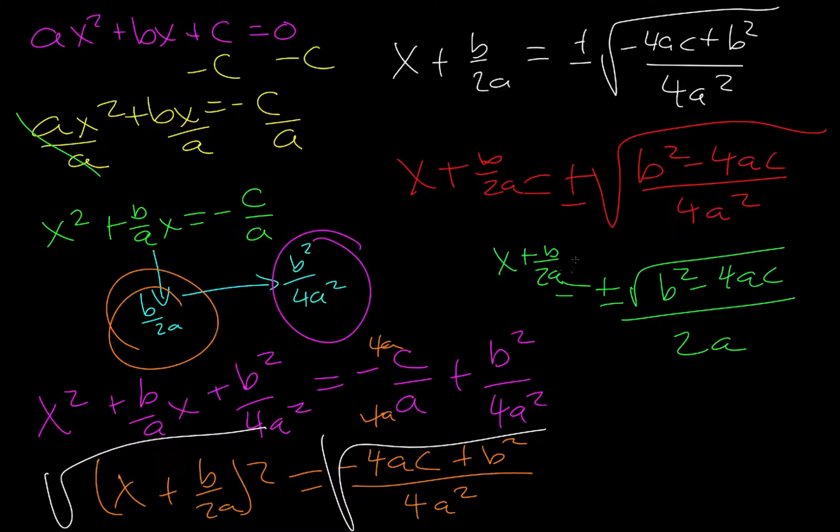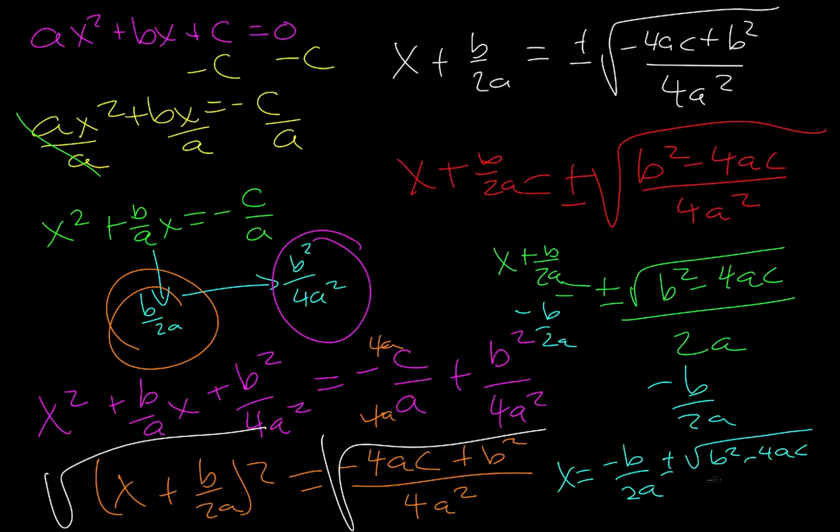And now I'm just going to subtract that over to this side. So minus b over 2a, minus b over 2a. And we get x is equal to negative b over 2a plus or minus the square root of b squared minus 4ac, all over 2a.